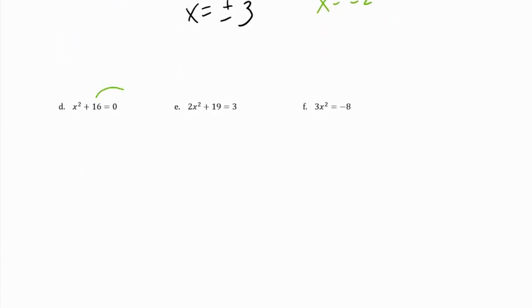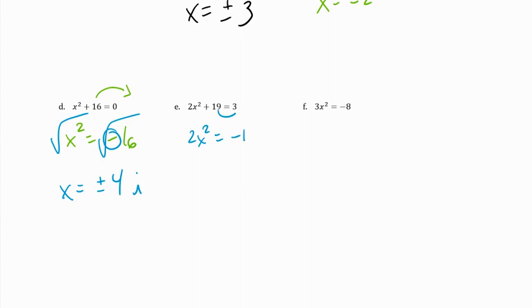D, I need to get the 16 over to the other side first. Take the square root. So I'm still going to get plus or minus. That means I got an i, and the square root of 16 is 4. So plus or minus 4i. E, I'm going to move the 19 over first. I'm going to divide by 2.